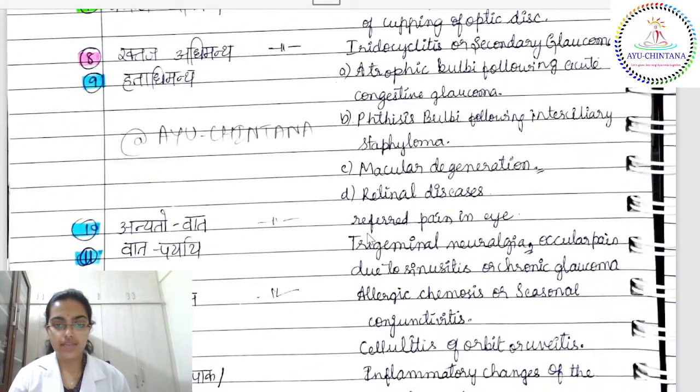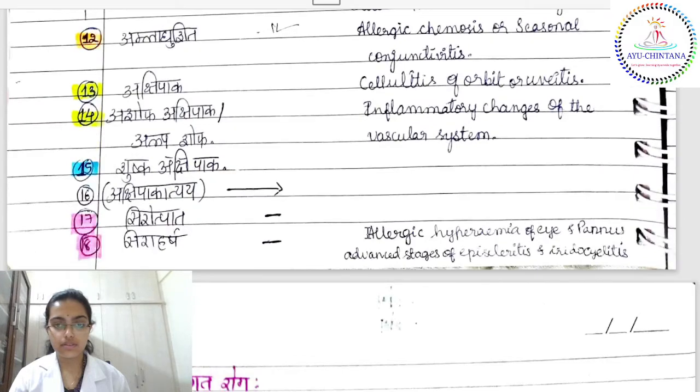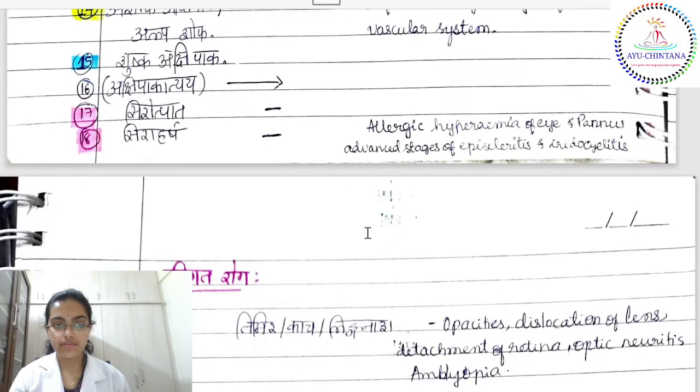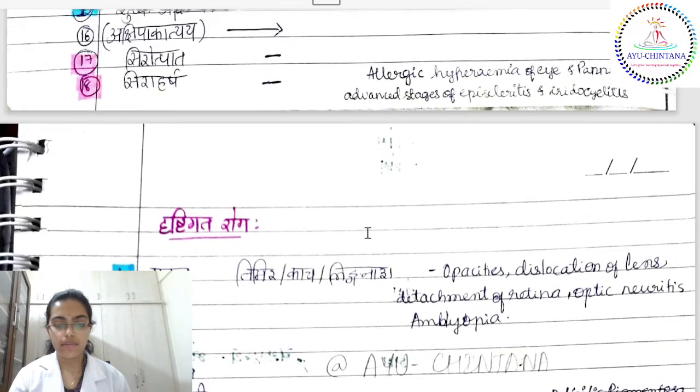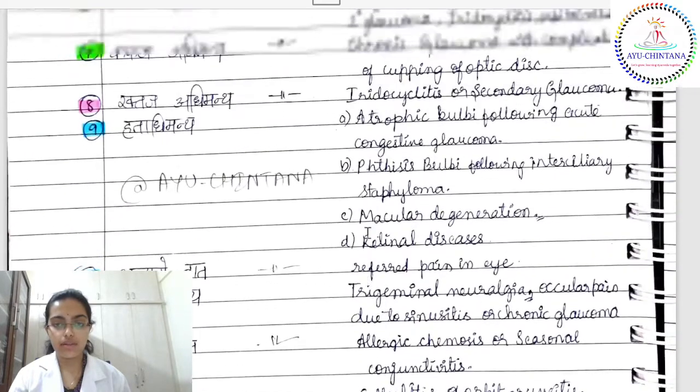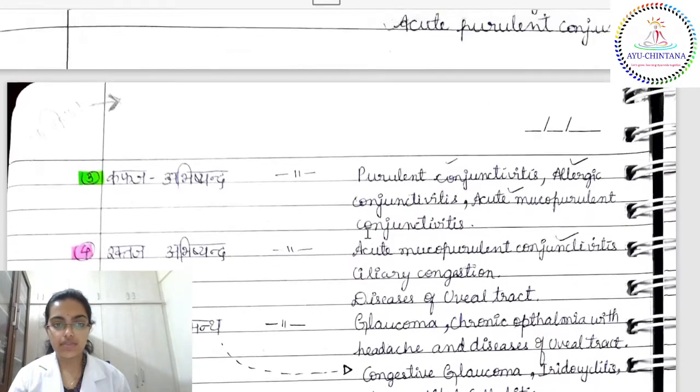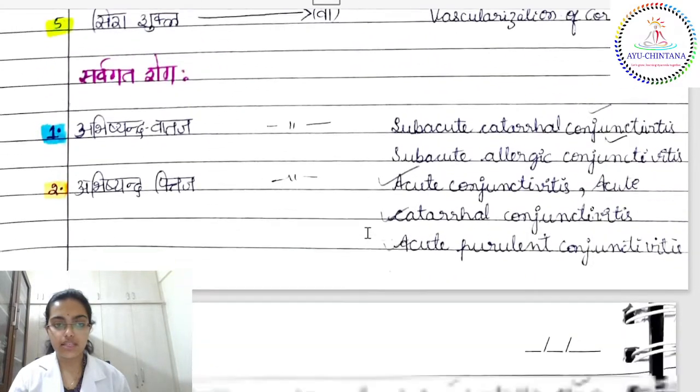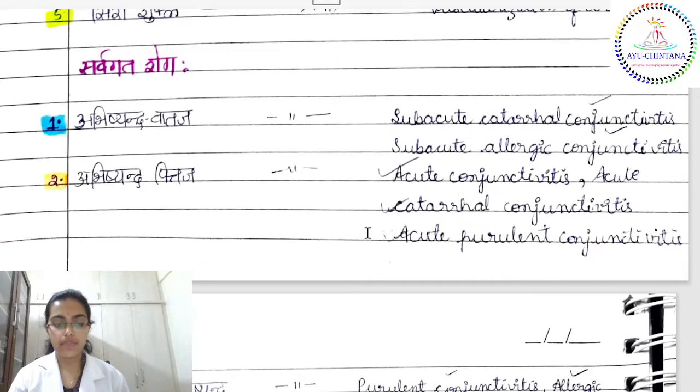I have marked everything in color codes. I hope you are able to see the color codes. As I have sent you the PDFs already, it will be easy for you to remember the things using the color codes.